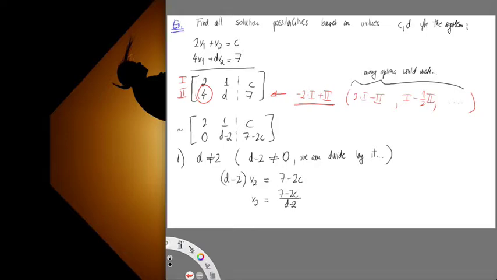If I have a 0, 0 here, this is allowed to be 0. But if this is 0, then I actually don't have this equation. 0, 0, 0, that's not an equation. So I have to discuss that separately. So for now, I will also assume 7 minus 2c is different from 0, so my c is different from 7 over 2.